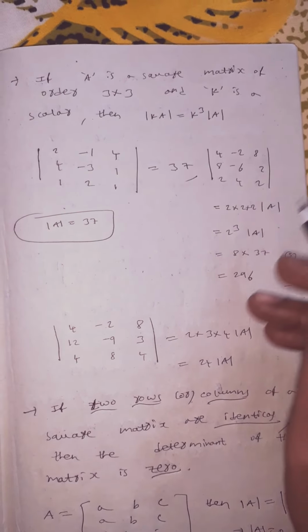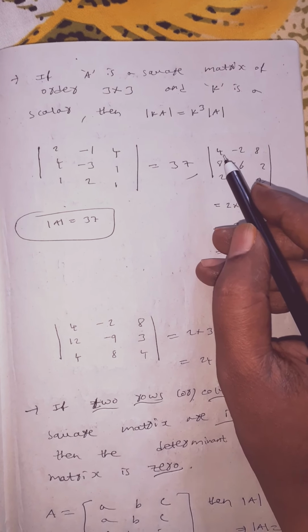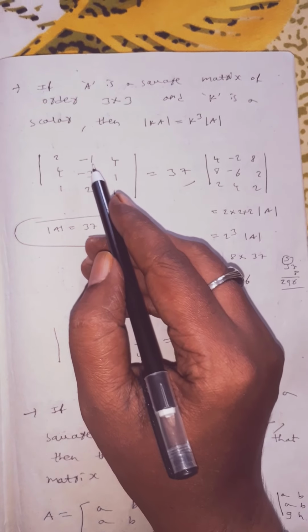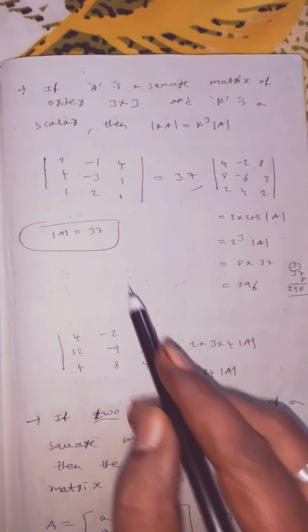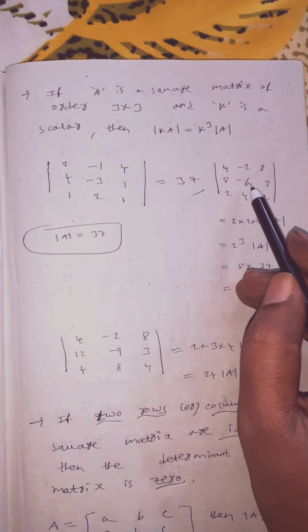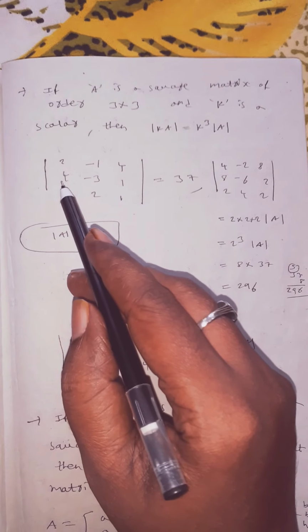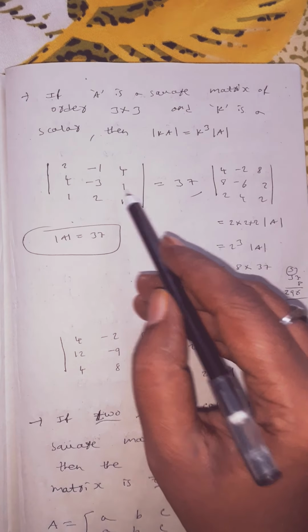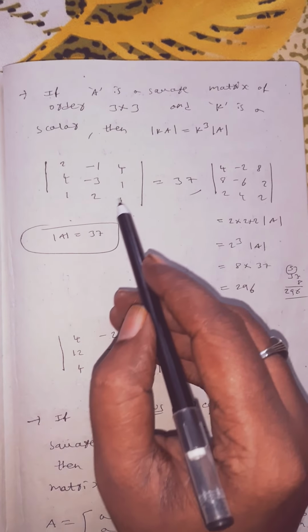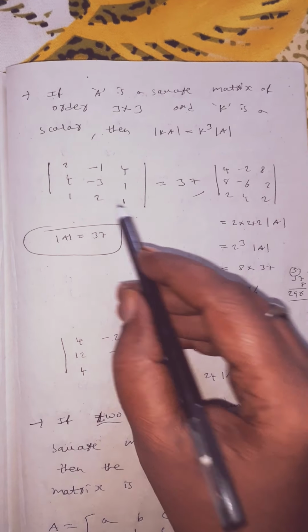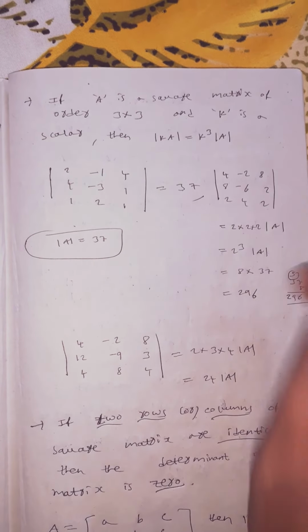Now for the first row I am multiplying by 2: 2 into 4 is 8, 2 into minus 1 is minus 2, 2 into 4 is 8. Second row also I have multiplied with 2: 8, minus 6, 2. Same with the third row: 2, 8, 2.